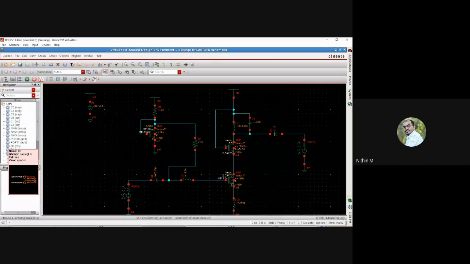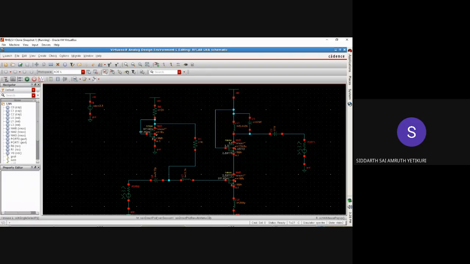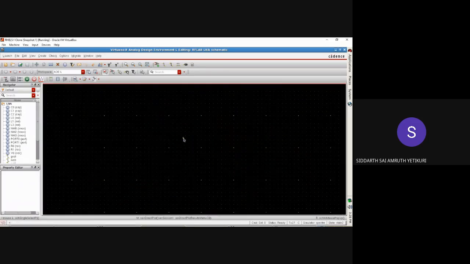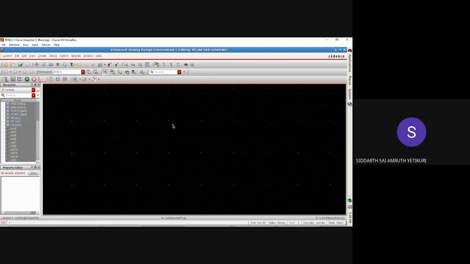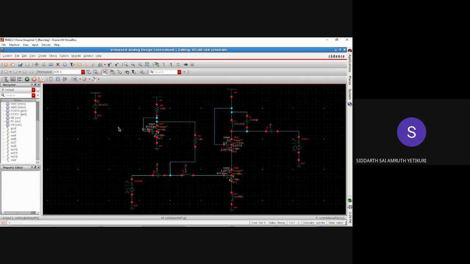Can you see the Cadence screen? All right.